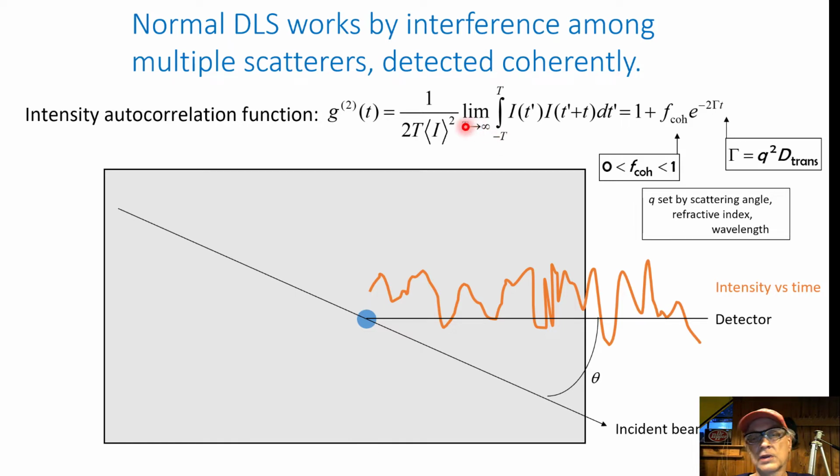So in a typical dynamic light scattering experiment, this big T that's supposed to go off to infinity is more like 60 seconds, maybe 5 minutes, 300 seconds, maybe more, depending on how fast the system is evolving. The thing that sets the experimental times that we choose for big T is how quickly the system is evolving itself.